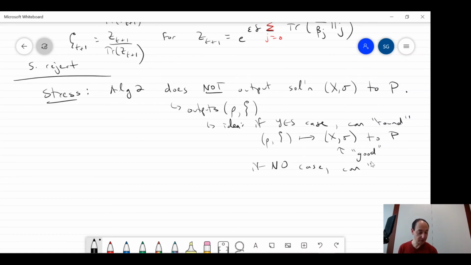likewise, we can do a rounding. We can round the dual solution, which is y.